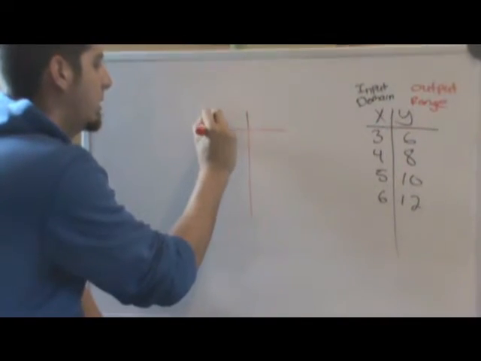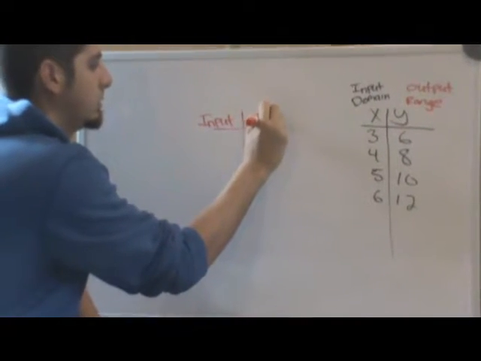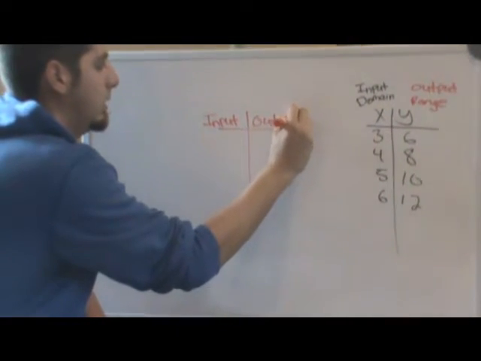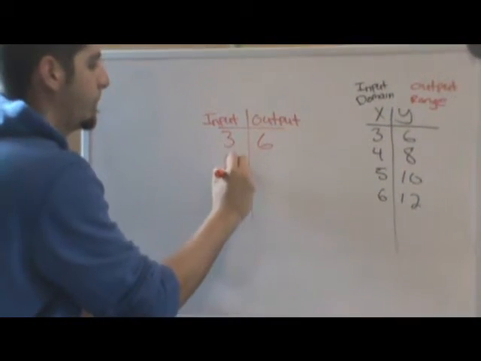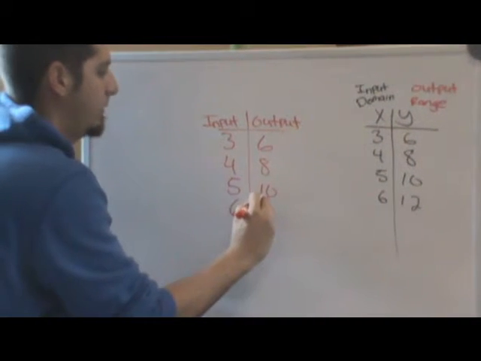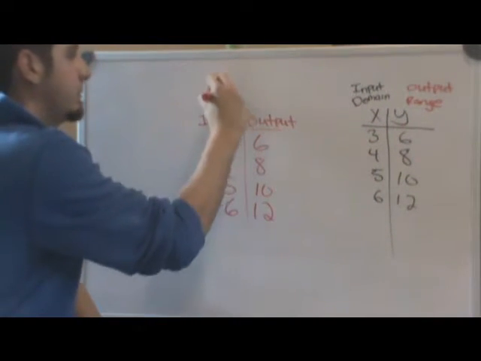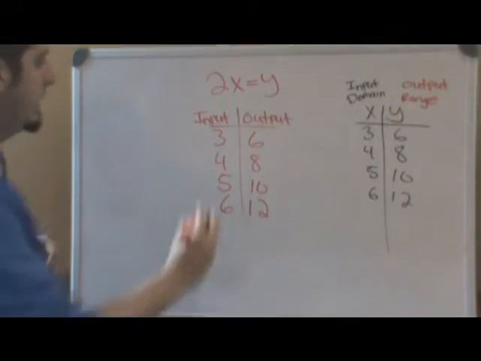Now, why would I call the x's the input and the y's the output? Well, like I said, if I have a function such as this, where 2x equals y, my x-coordinate is being doubled.